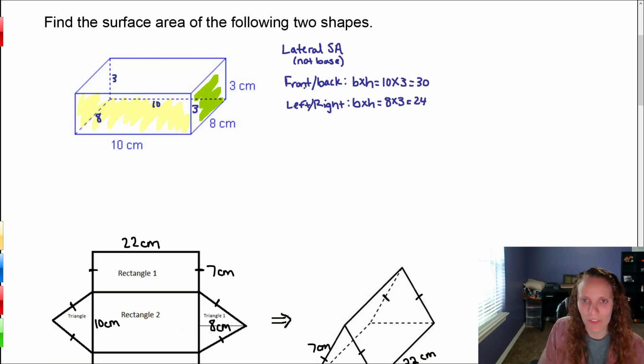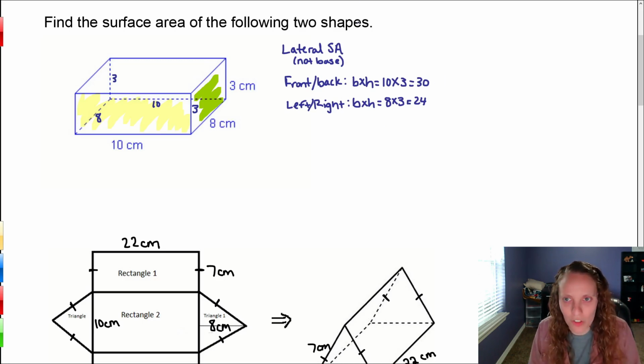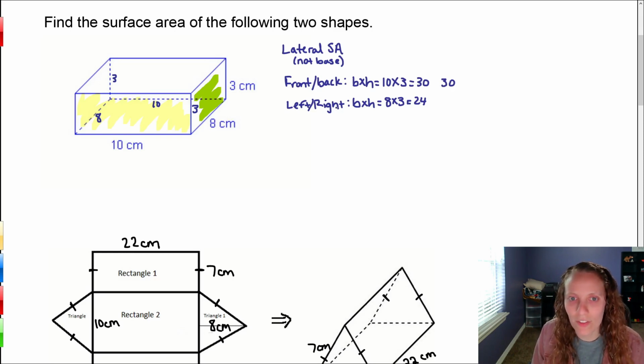Keep in mind we have a front and a back. So it's actually 2 30s. And then the left and the right is 2 24s. So we can list those twice, or when we add it up, we could also multiply by 2 to find the total area, or the lateral surface area. Let's go ahead and add these together.